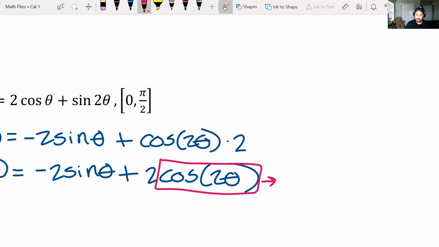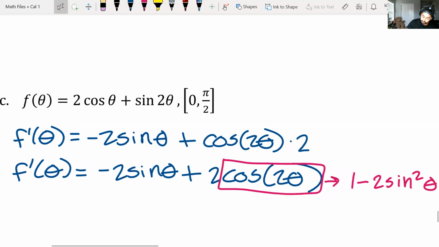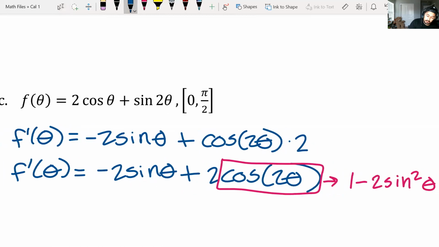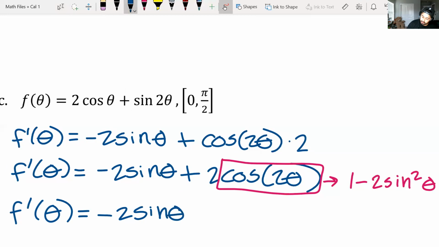And that identity should be, what is it? 1 minus 2 sine squared theta. That's what that becomes. So f prime theta is equal to negative 2 sine theta plus 2 times 1 minus 2 sine squared theta.